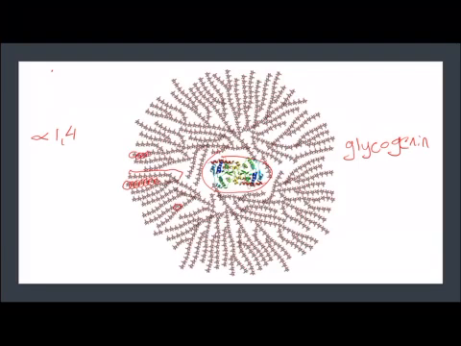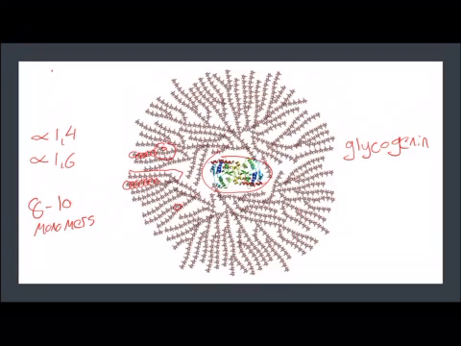You'll see just like in line there, but every once in a while you see a branch, and in that case we have an alpha 1,6 because the bond is between the 1 and the 6 carbons rather than the 1 and the 4 carbons. And so those two structures, every 8 to 10 monomers, we get a branch monomer.